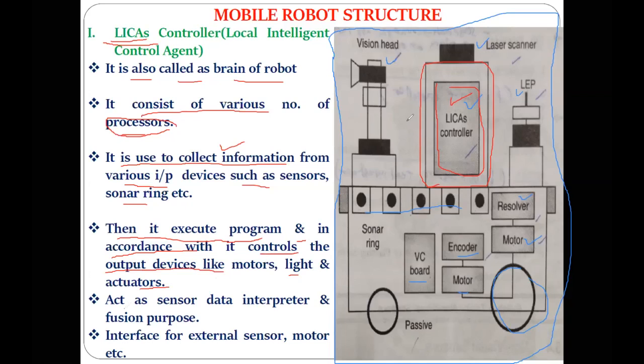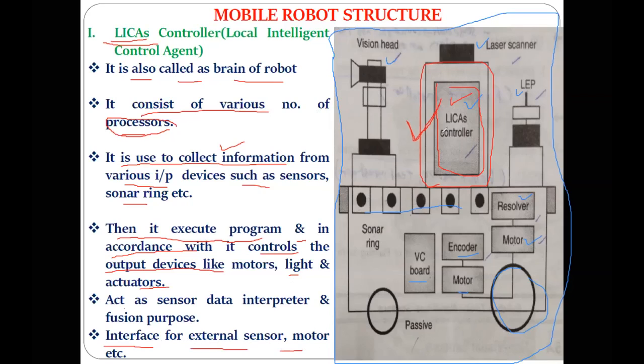Can we call the LICA controller a sensor interpreter? Yes, because it is interpreting the information it receives from the different kinds of sensors. We can also consider it an interface for the external sensors and motors.